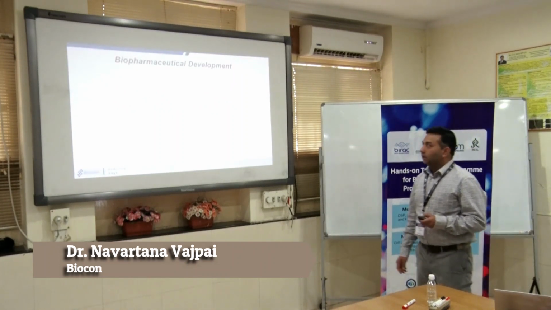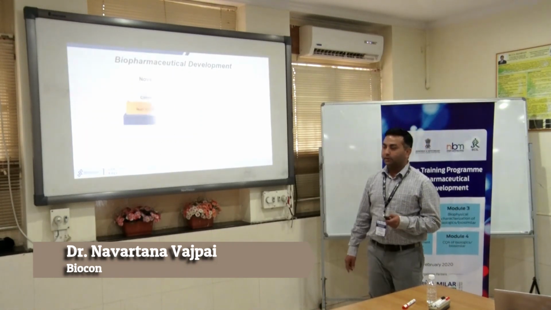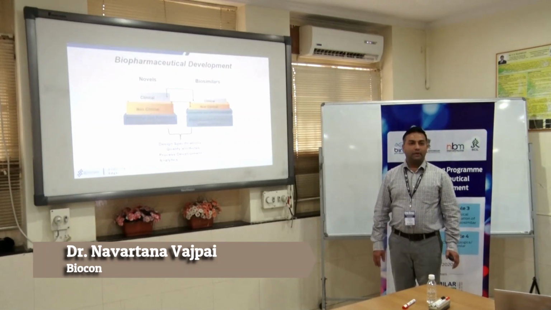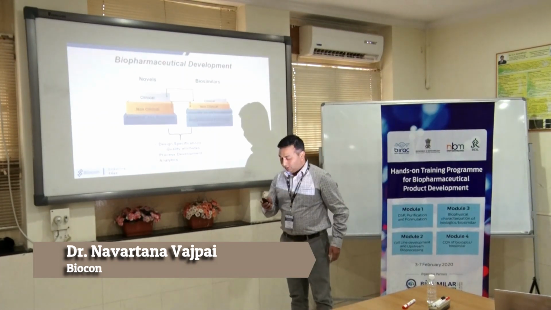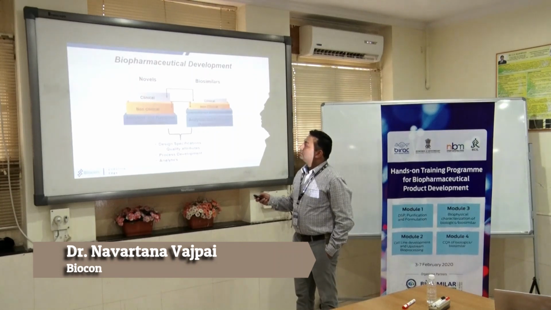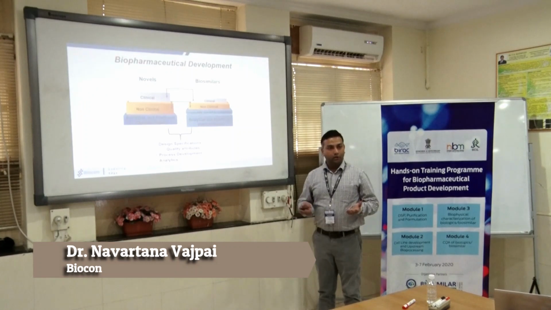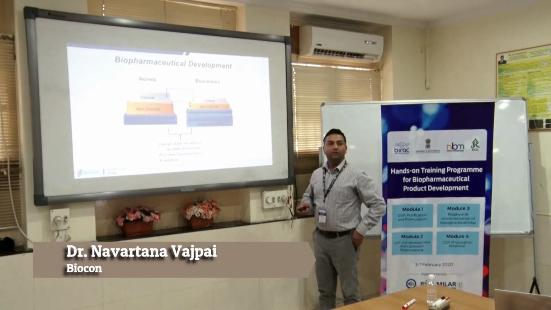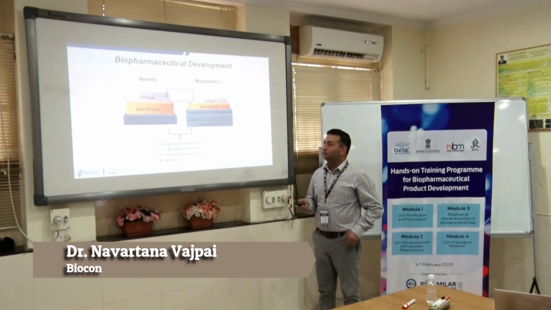So how does it work actually? I don't know, some of you must have attended other sessions also, but I just wanted to show you that the entire life cycle actually looks like this. If you are working on a biologic drug or a novel drug, the pathway follows this. You develop a molecule, you identify a new molecule, and essentially you have to prove that the molecule is consistently coming in the same way, and then you also check for its functional characterization.